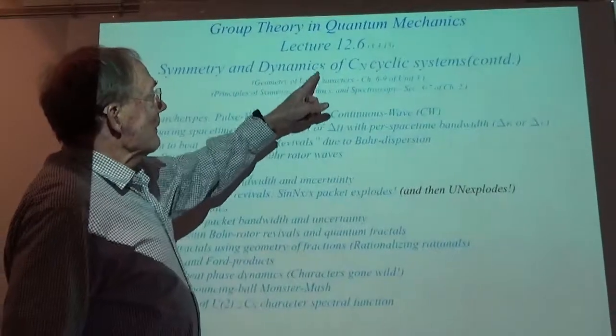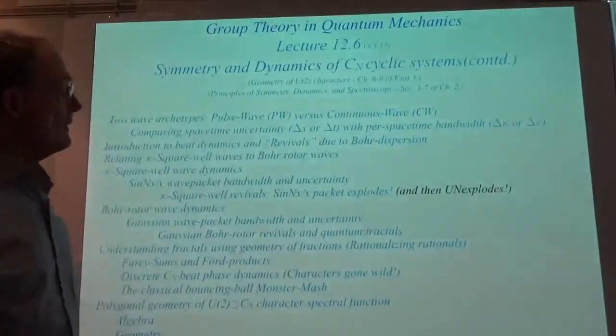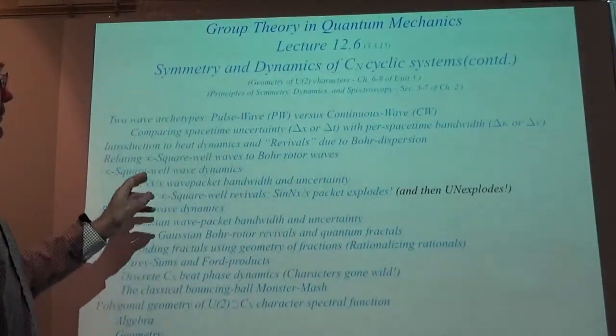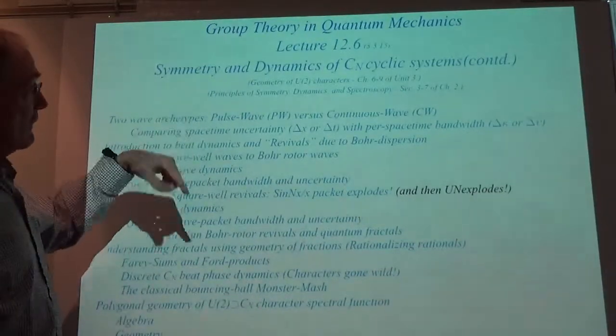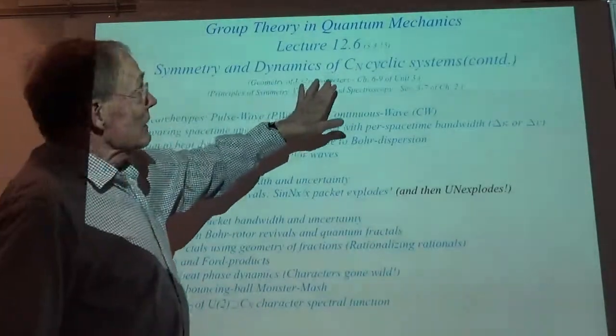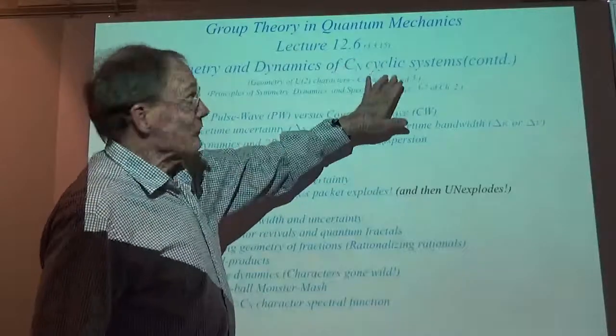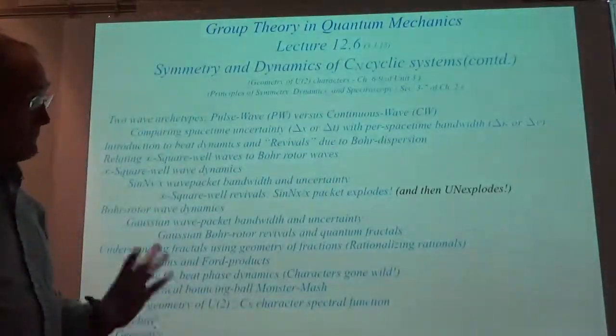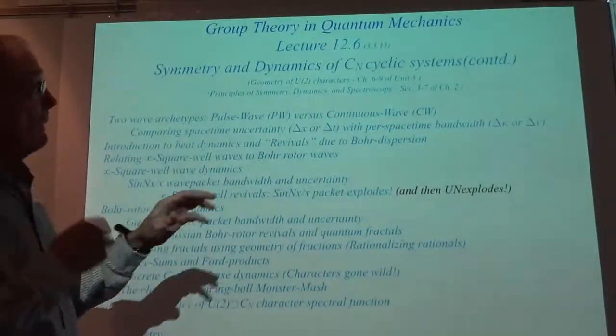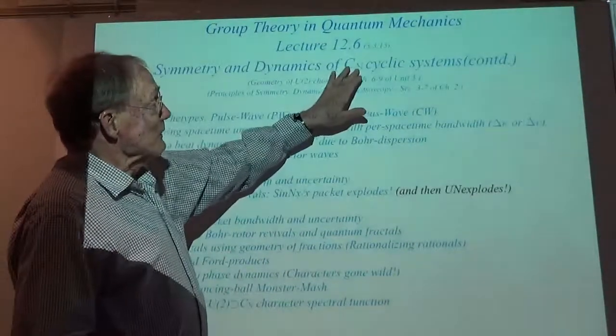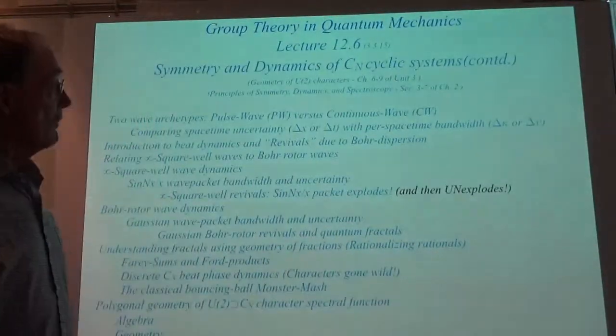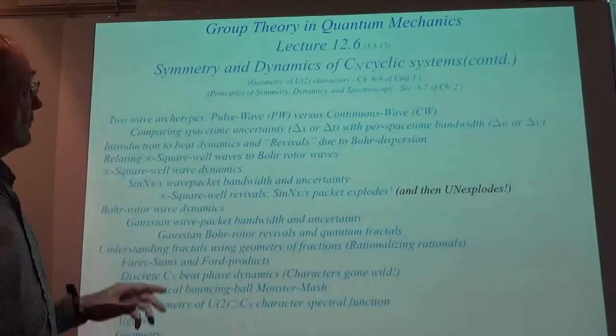We're doing the point 6 of 12 here, which is the second of the lecture 12s that have to do with cyclic dynamics for n objects. But we're going to be talking about a continuum of states more today than anything else.